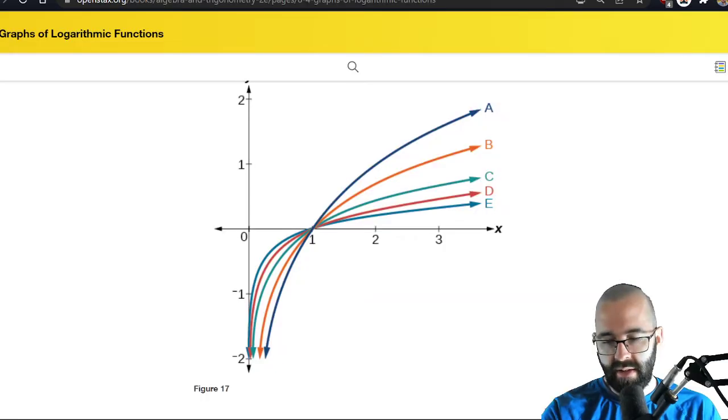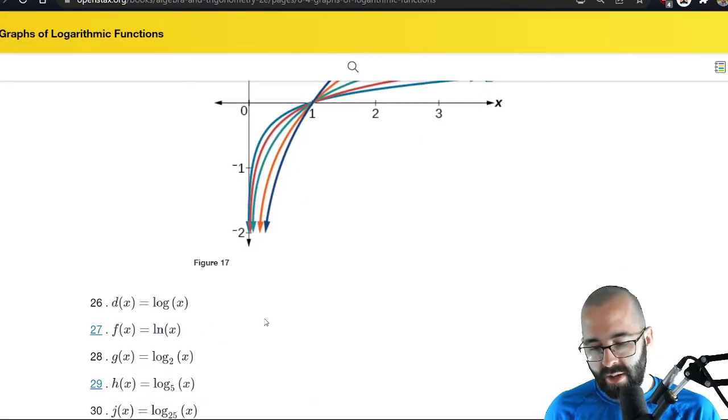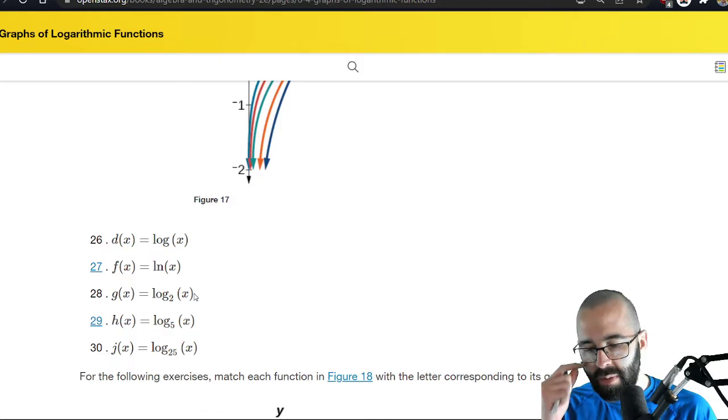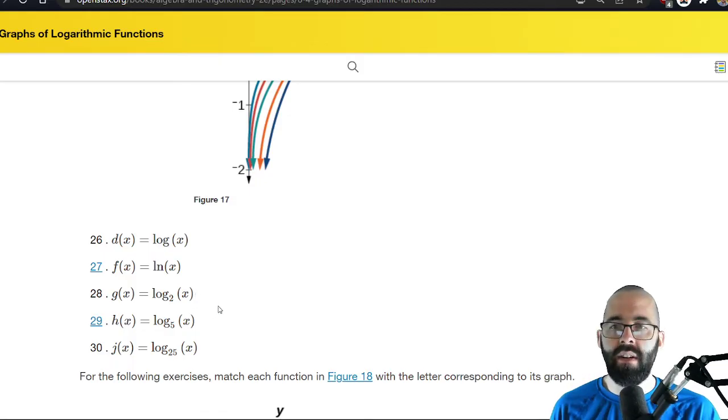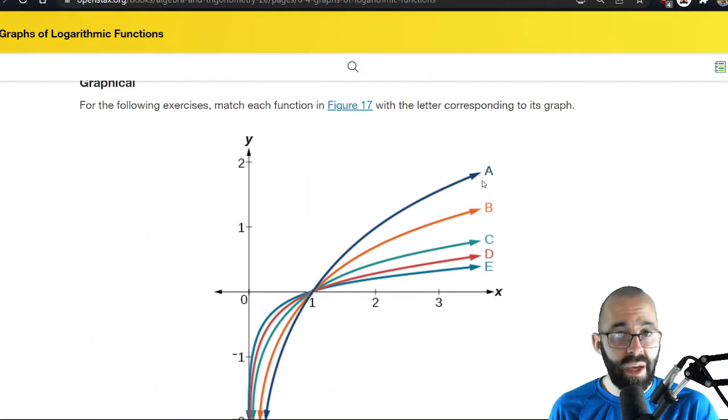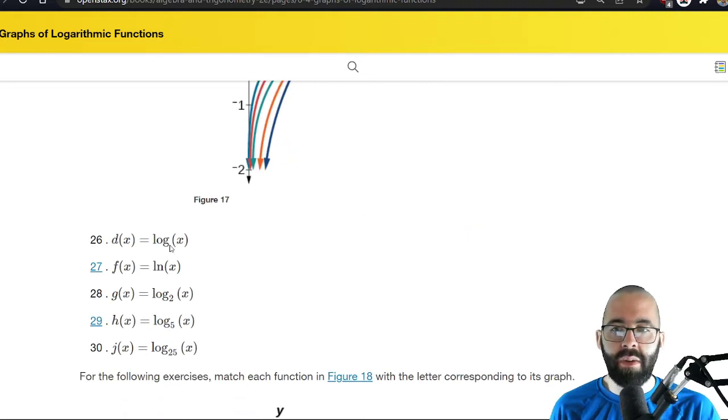So in 28, it says, which one of these is log base 2? And you just have to figure out how small is 2. The smallest base is going to be A. The second smallest base is going to be B. We have log base 10, log base E, log base 2, log base 5, and log base 25.